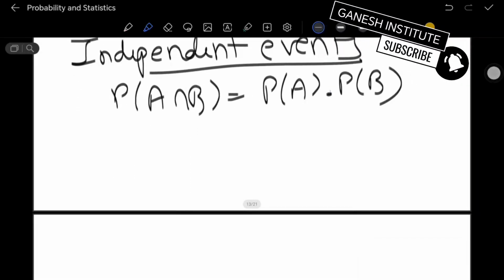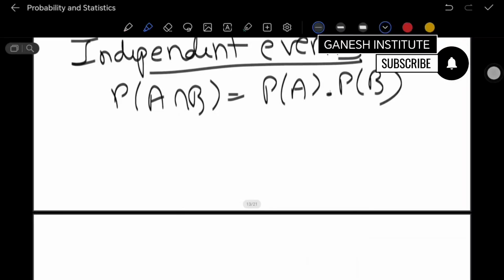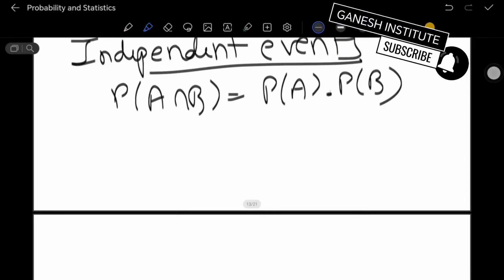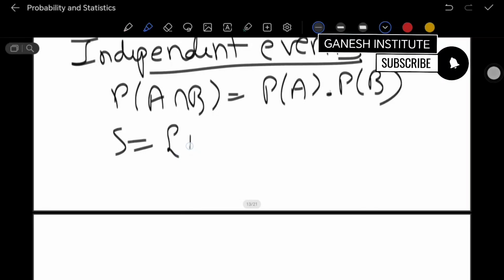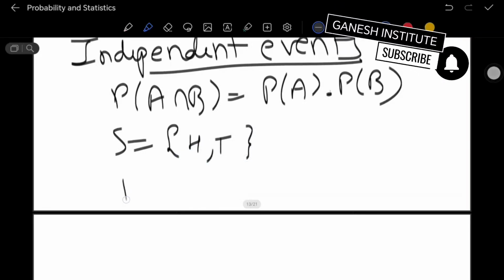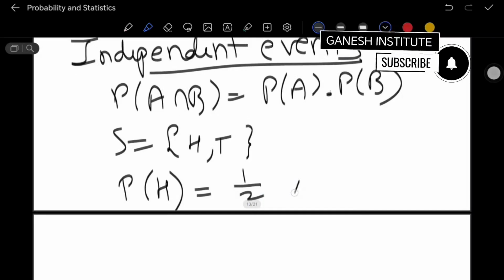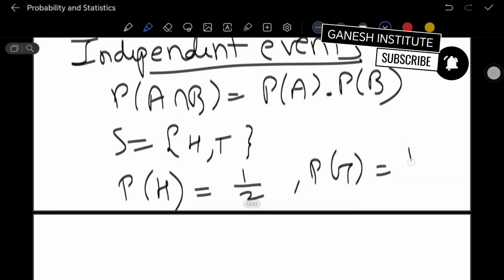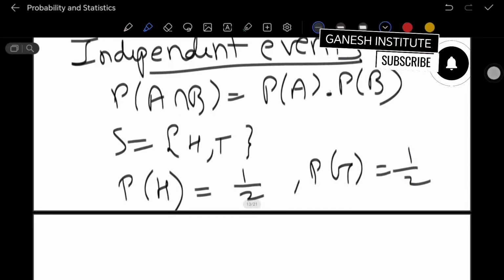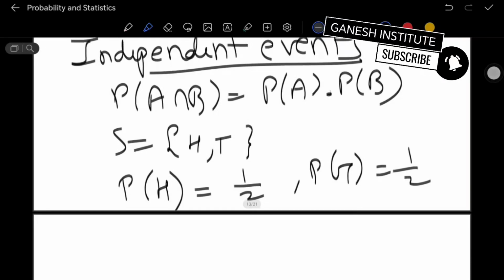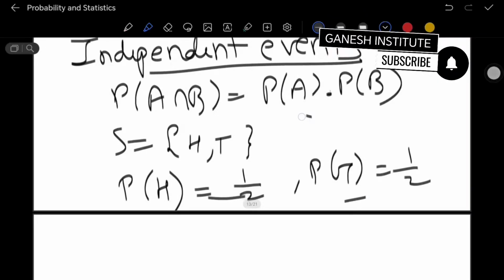For instance, if I am tossing a fair coin, the sample space is going to be head and tail. Probability of getting a head is 1 out of 2. Probability of getting a tail is also 1 by 2, right? These are equally likely outcomes.